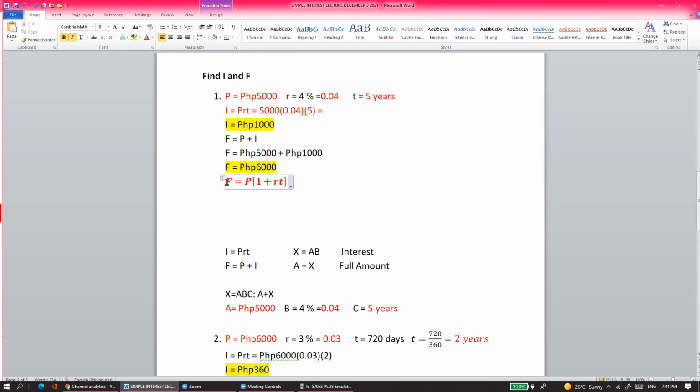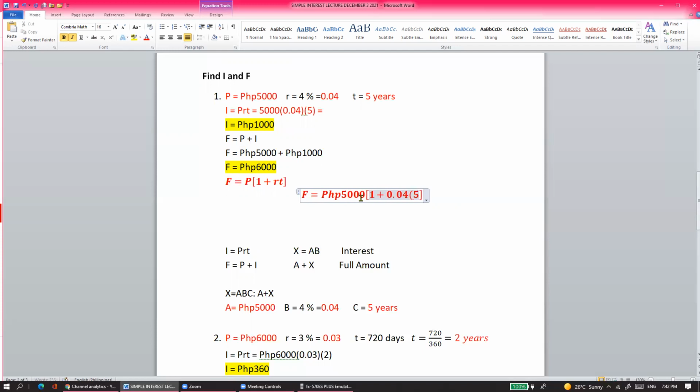Okay, so F equals P times (1 plus RT). So, calculate natin. As we all know, P is equal to 5,000. So, I'll type it. 5,000. And then 1 plus R. R, as we all know, is 0.04. So, I'll type 0.04. And then the time is actually equal to 5 years.